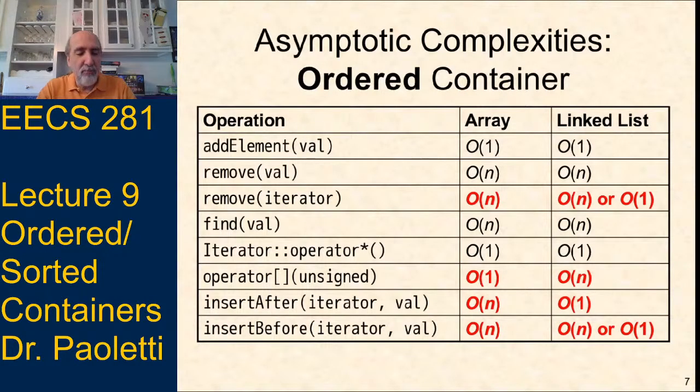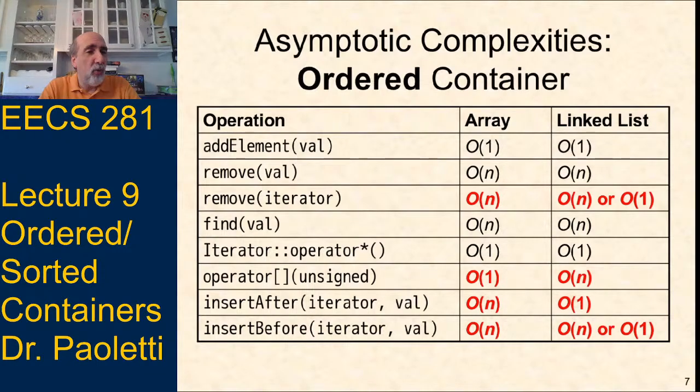So we've got a bunch of operations that we'd like to do on an ordered container, and we want to know how long they would take. So adding an element, so I say here's a value, just get it into the container. Well, I can do that with O of 1 time. I push back to a linked list or a vector.